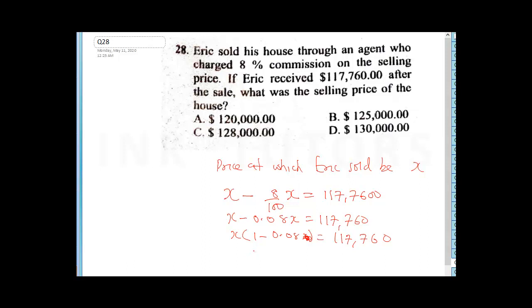We'll factorize our X. So 1 minus 0.08 will give us 0.92X is equal to 117,760. Now to get our X will now be 117,760 divided by 0.92. So we'll employ our calculator again.